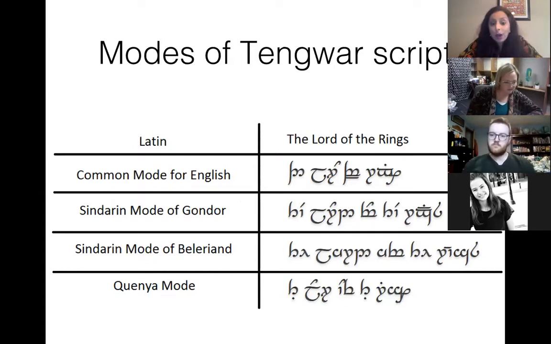So I've given you the common mode for English for the translation of The Lord of the Rings, and the Sindarin mode of Gondor. Gondor is a place, as you know, from Lord of the Rings, and the Sindarin mode of Beleriand, and the Quenya mode, right? What can you tell me between the Sindarin modes and the Quenya mode? What's the main difference that stands out to you?